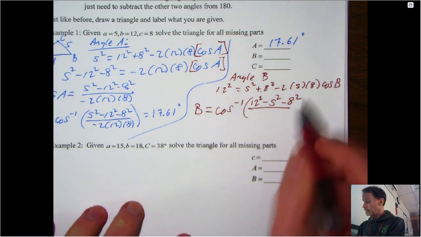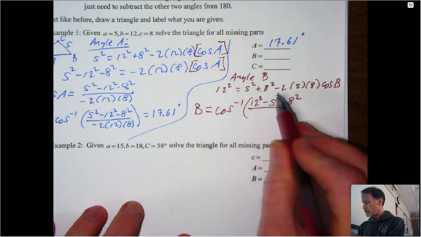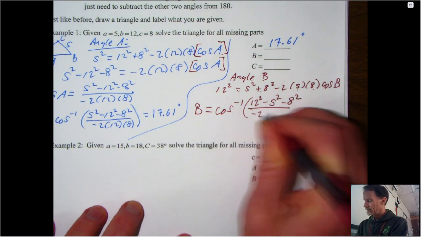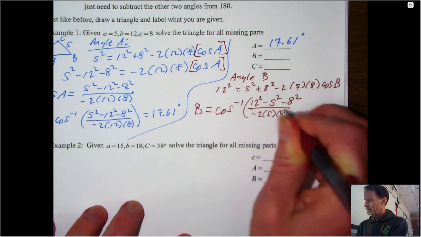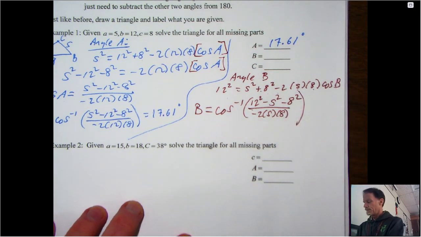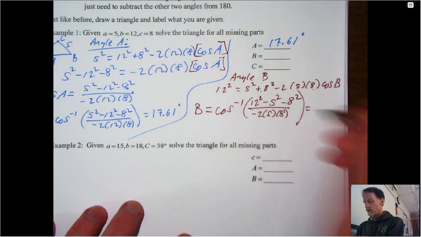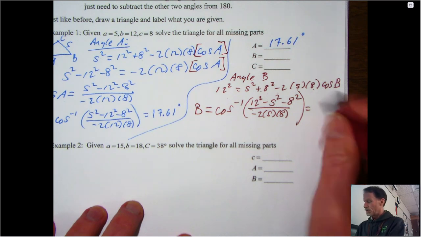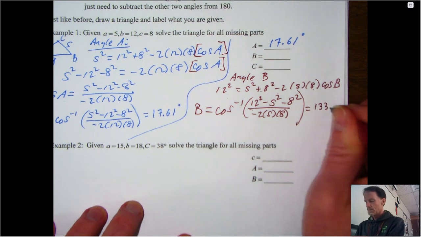And then on the bottom, it's just going to be that whole coefficient, so the minus 2 and the 5 and the 8. And then you type that into Desmos just the way it looks, and you should get 133.43.